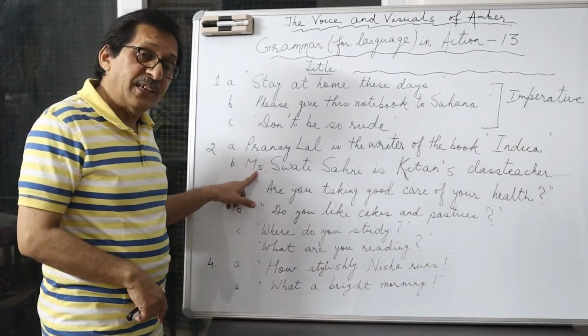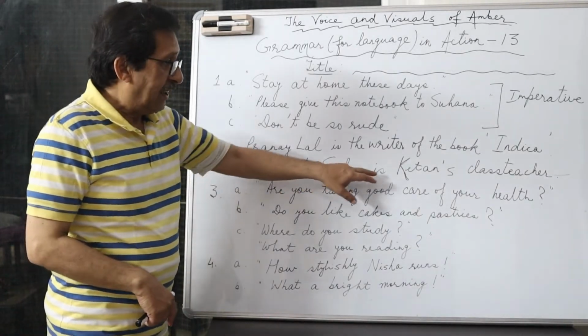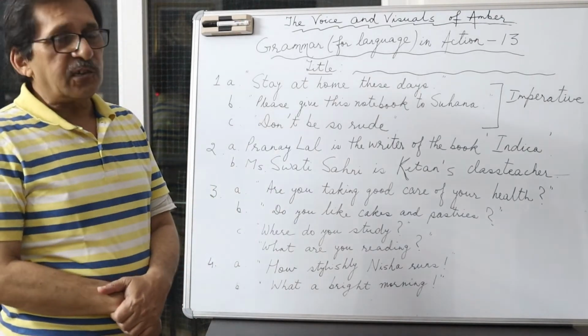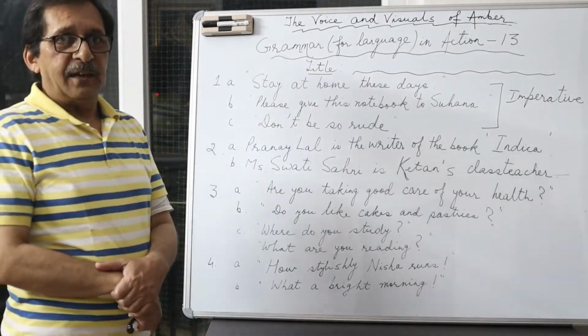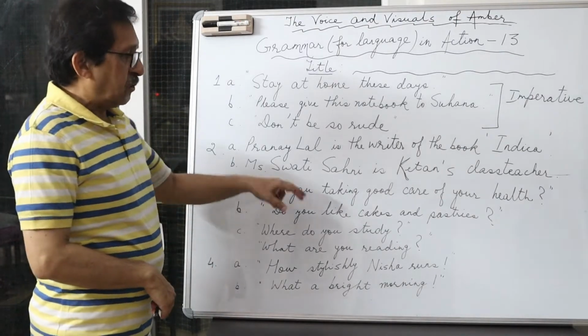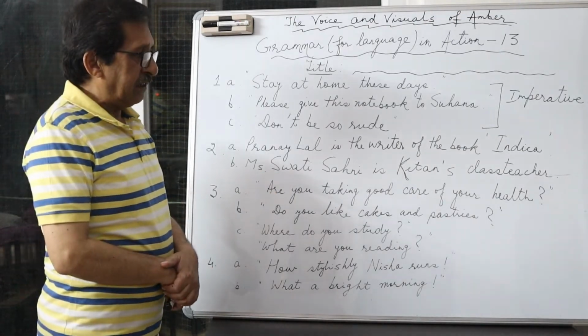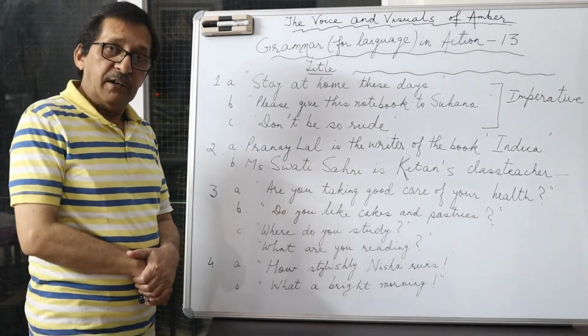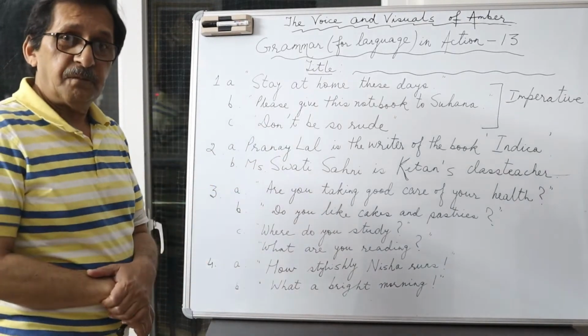Miss Swati Sahani is Ketan's class teacher. Again, it is a statement of a particular fact. Miss Swati Sahani is Ketan's class teacher. These two statements are in the affirmative.